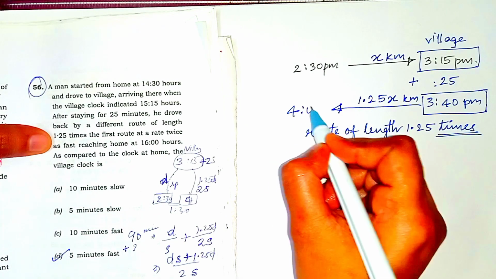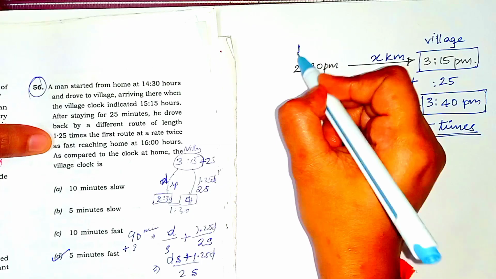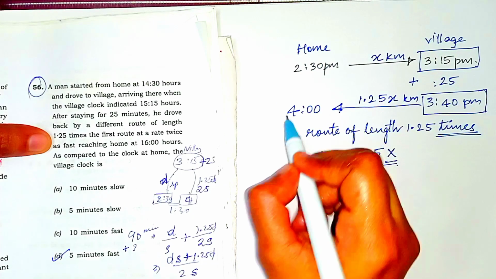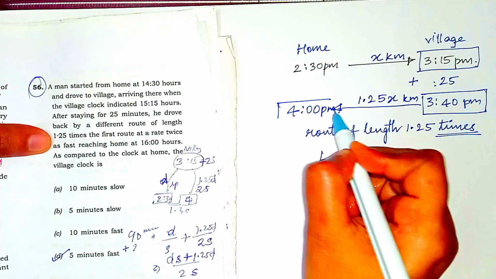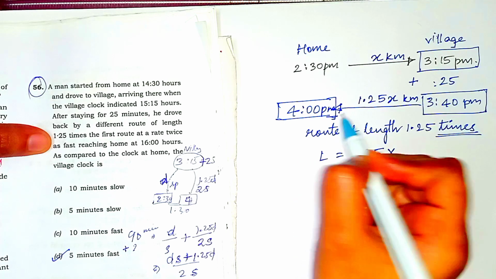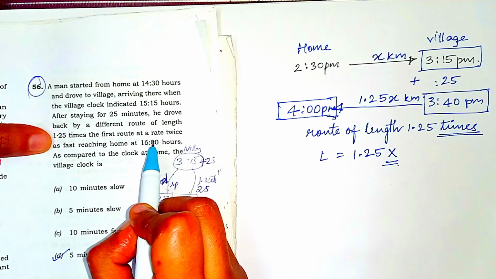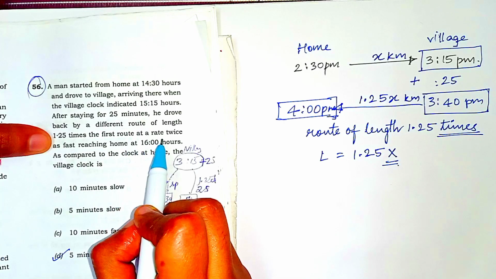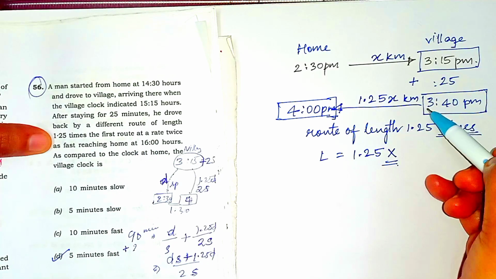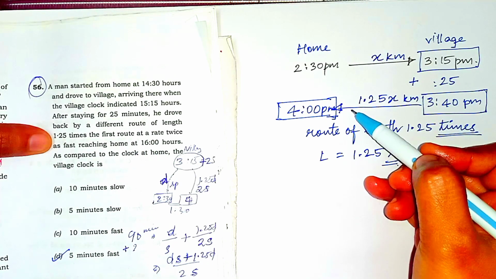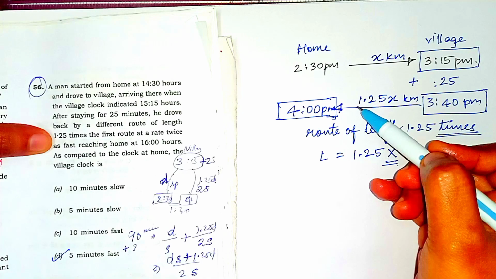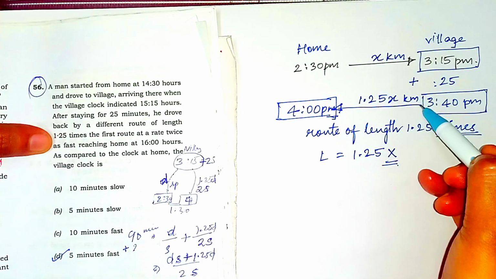And at a rate twice as fast, reaching home at 4 p.m. So he's reaching home at 4 p.m. But there's another information given, that his rate, that is his speed of driving the car in the return journey, is twice as fast as the first journey.